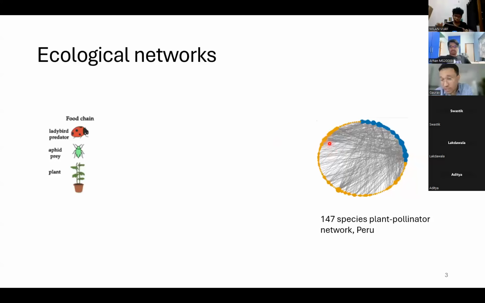Each node is a species, and the size of each node represents how many unique interactions it is engaging in. For instance, these two species you can call hyper or super generalists. There are quite a few super generalist species in such a network.